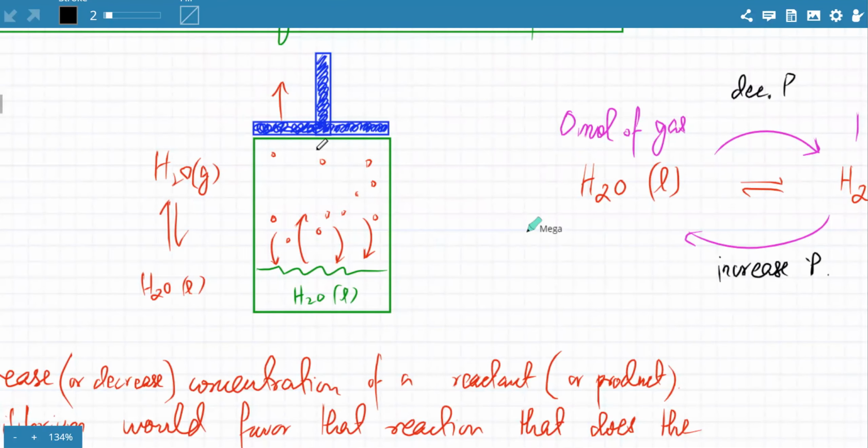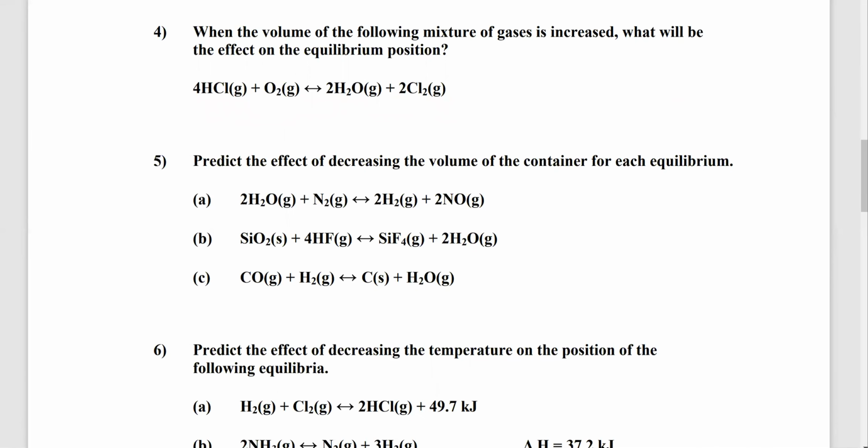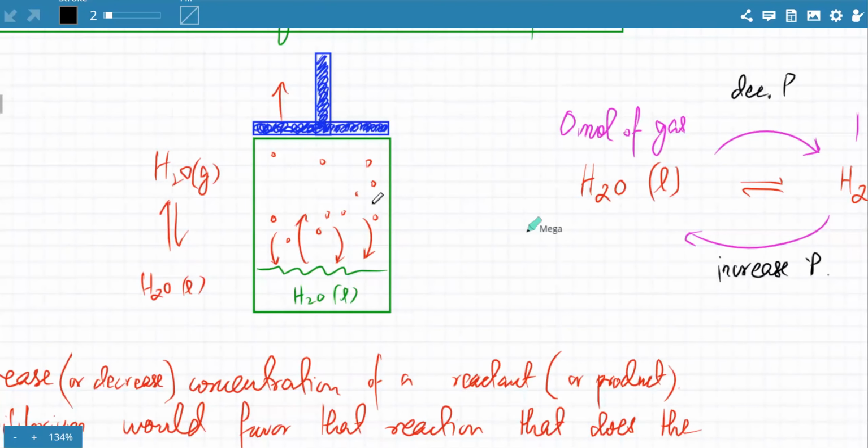See, you're increasing volume, right? So that's like low pressure. So there's more gas to be formed. So you want to go to the side with more gas. I mean, you have more volume now, so more gas would be produced.